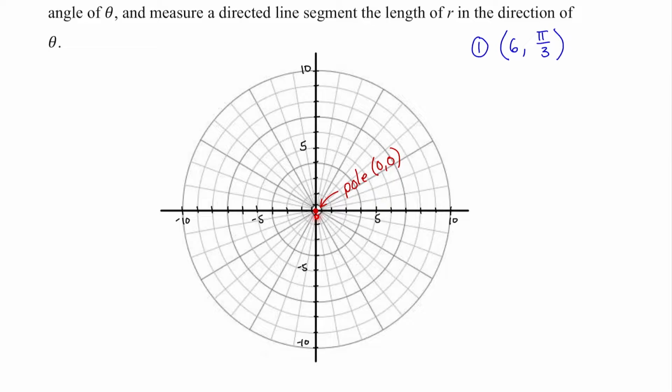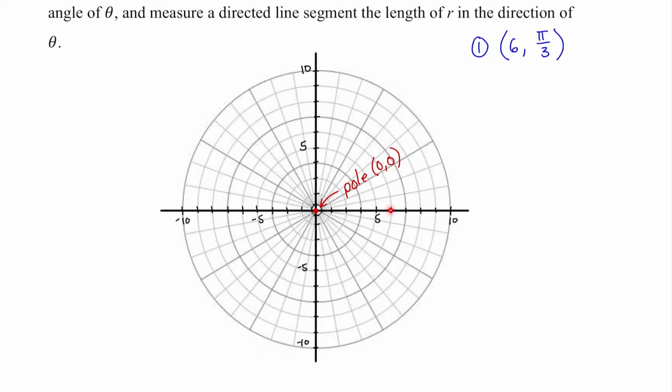If my r is negative, I go to the left. In this particular case, my r is positive 6, so I go 1, 2, 3, 4, 5, 6 units to the right. So this is representing r equals 6. But this is not my point yet. If I plot the point right here, this is the point 6, 0, because the angle equals 0 here.